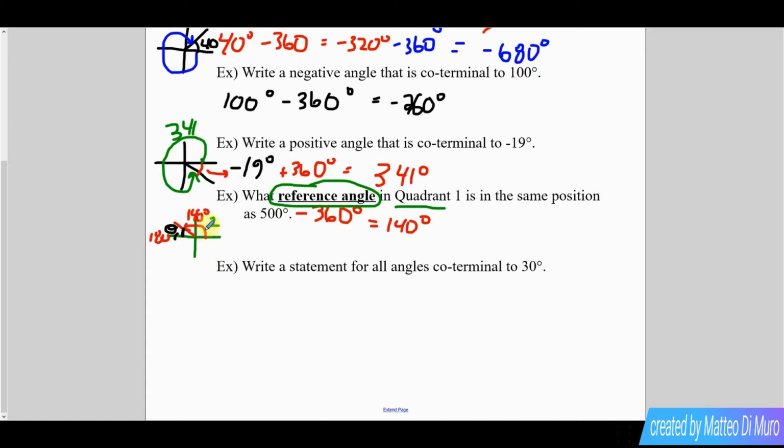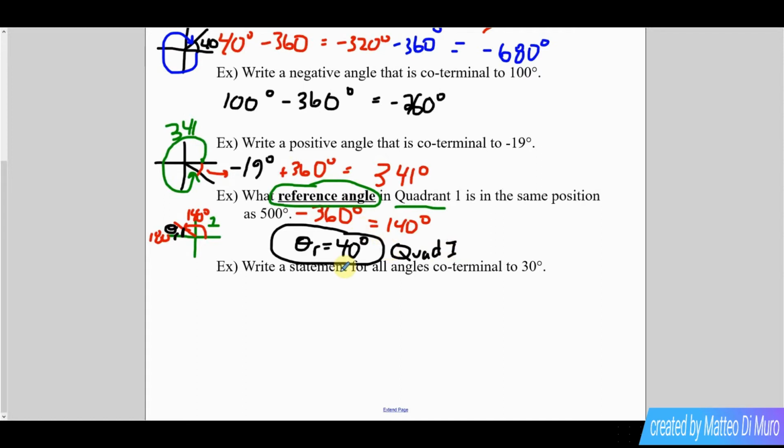If you do the math, that'll be 40 degrees. So my reference angle is 40 degrees. Now, is this in quadrant 1? Well, yes. Any angle between 0 and 90 degrees is in quadrant 1. So reference angles by nature are always basically quadrant 1 angles. And we'll talk about reference angles quite a bit more, so stay tuned.